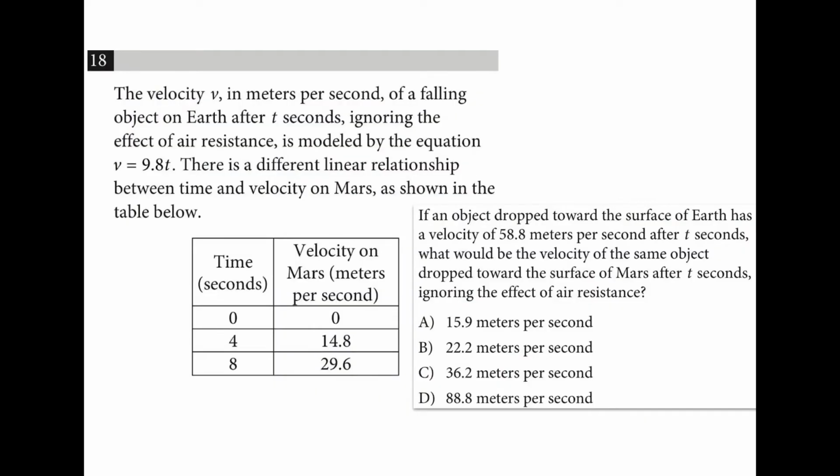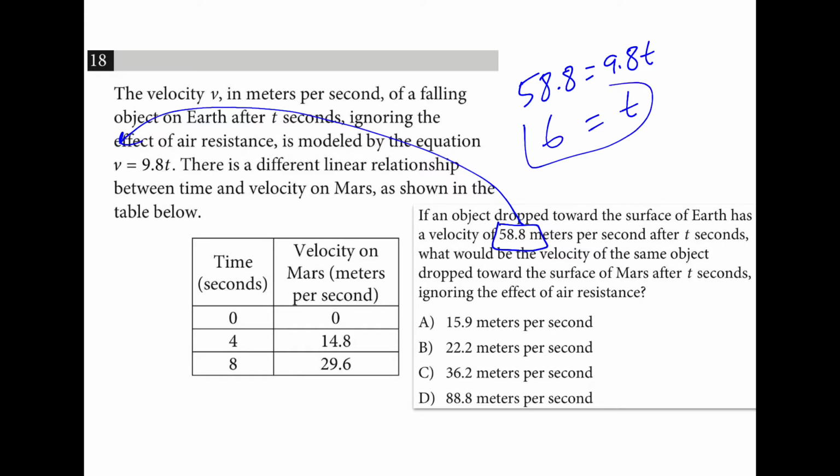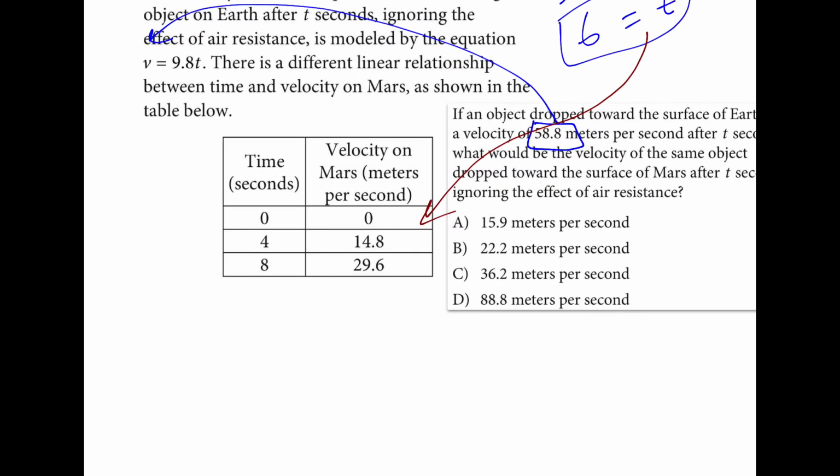They're saying if an object dropped toward the surface of Earth has a velocity of 58.8 meters after t seconds, I can say 58.8 is equal to 9.8t, and solve by dividing both sides by 9.8. I get 6, and if that's true, then I want to plug 6 into this table, which covers velocity on Mars.